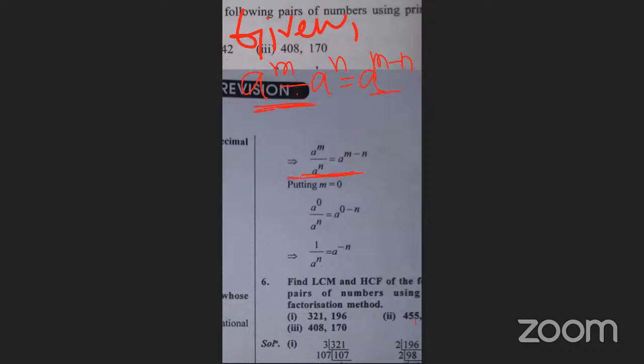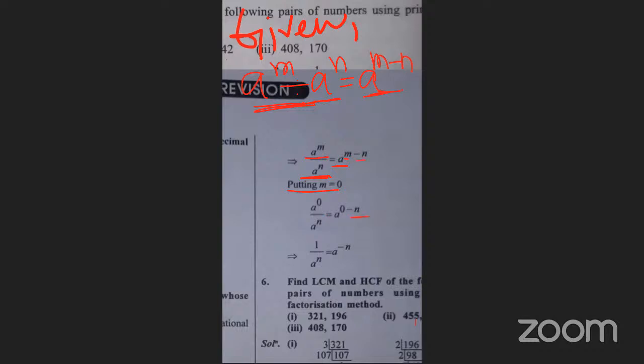They gave a to the power m divided by a to the power n, I have written in this form, and the RHS remains the same. Now putting m equals 0, a to the power m becomes a to the power 0. Below, a to the power n remains the same. Above, in m minus n, if I put m as 0, minus n remains the same.